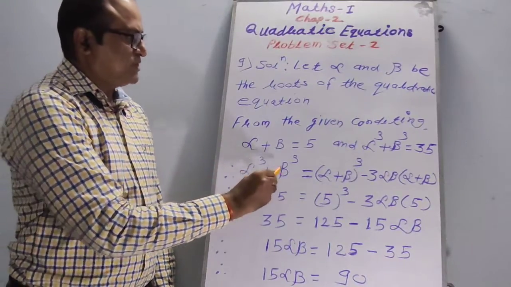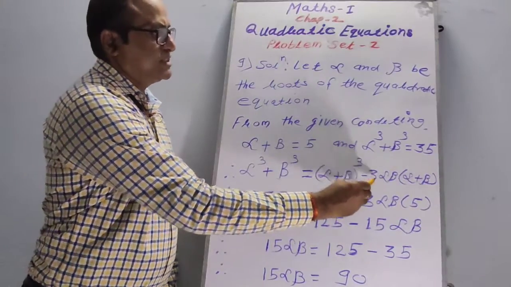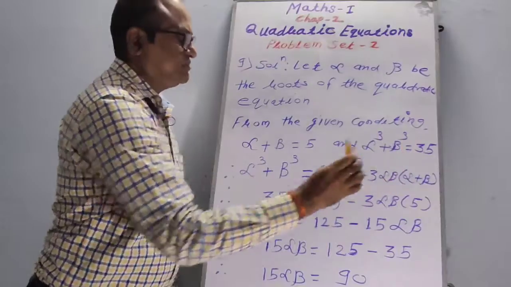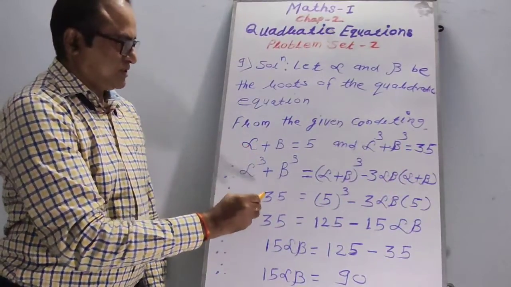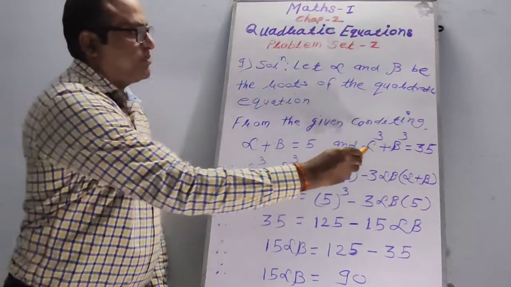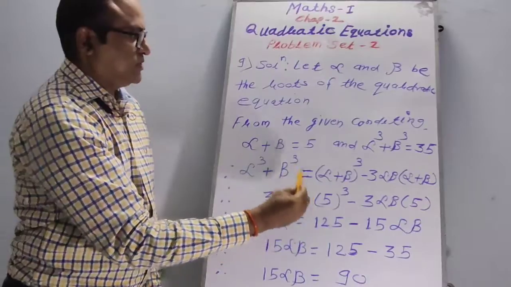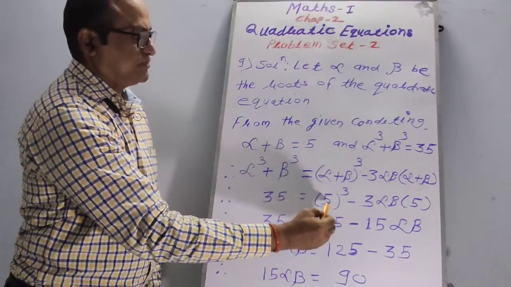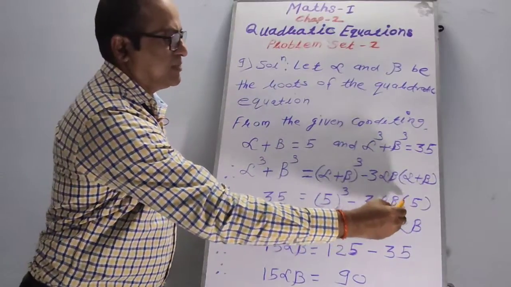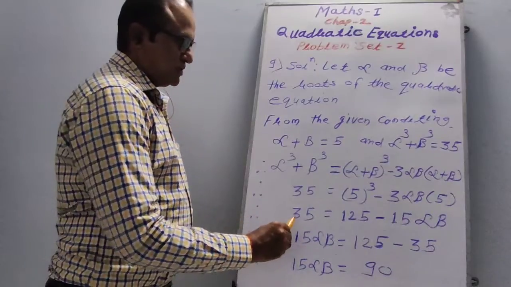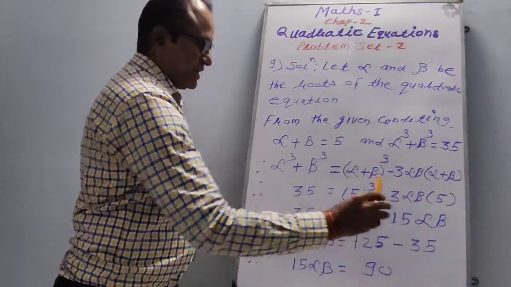Therefore, alpha cube plus beta cube is equal to alpha plus beta cube minus 3 alpha beta into bracket alpha plus beta. Put the value. Alpha cube plus beta cube value is 35, is equal to alpha plus beta value is 5 bracket cube minus 3 into alpha beta bracket 5. Therefore, 35 is equal to 125 minus 15 alpha beta.